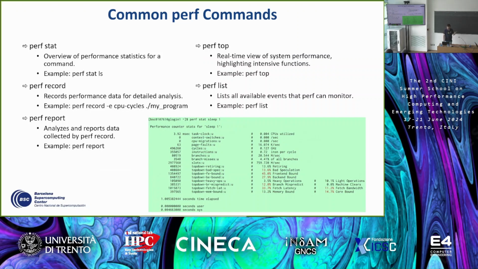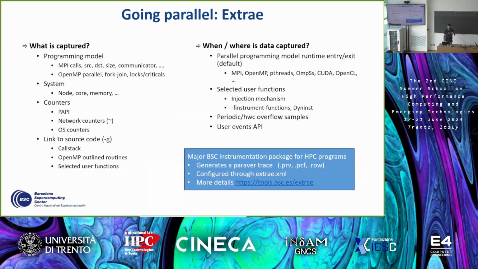So that's why it's okay for a preliminary analysis, but then there are other tools if you go parallel. Of course, I come from BSC, so I have one slide about the tools that we developed at BSC. There is Extrae, a tool that is able to hook into different events. Let's assume that you have an MPI program.